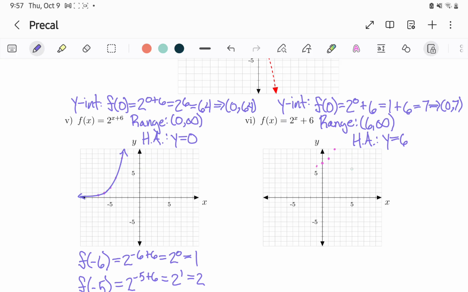Again, we have that horizontal asymptote here at y equals 6, so when we're graphing, we want to make sure to never cross that line. And there is our graph for example 6.